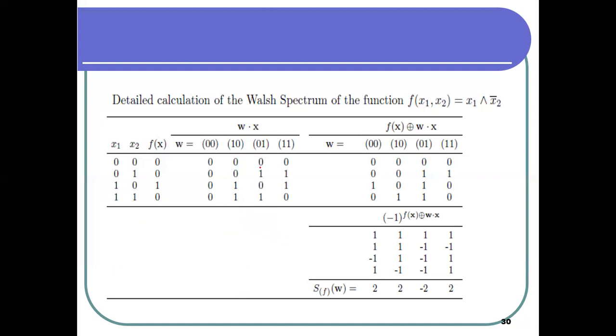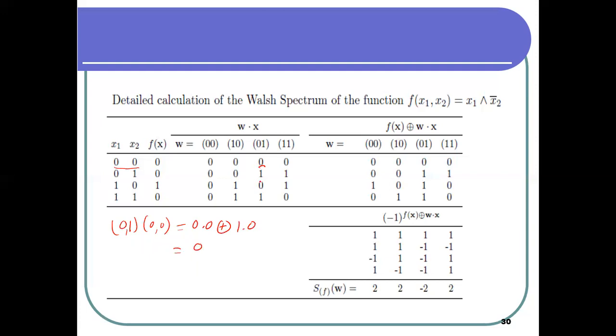Similarly, W is 0 1 and X is 0 0. In that case, 0 into 0 XOR with 1 into 0, so you will get 0.